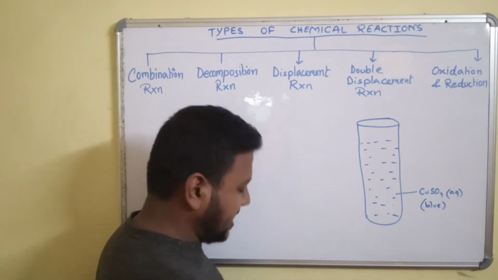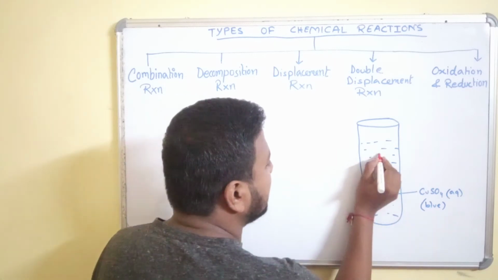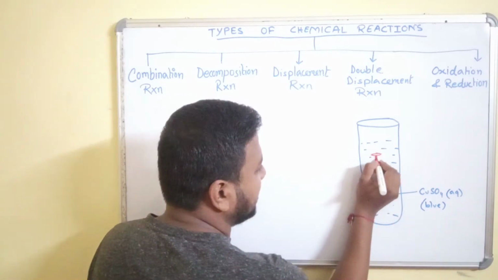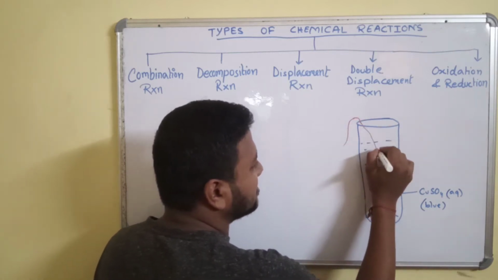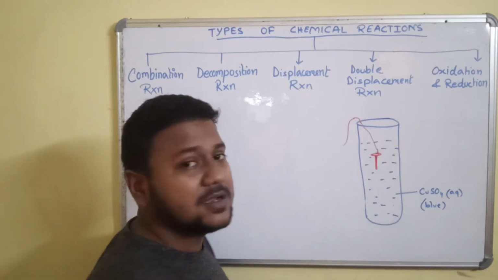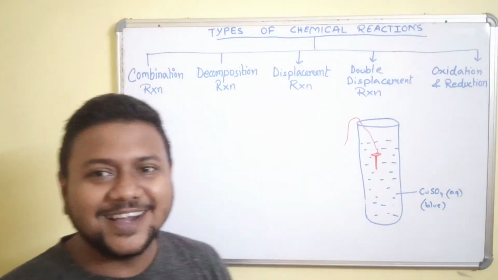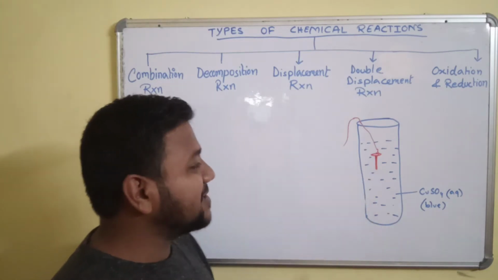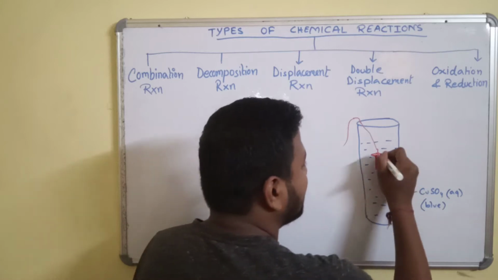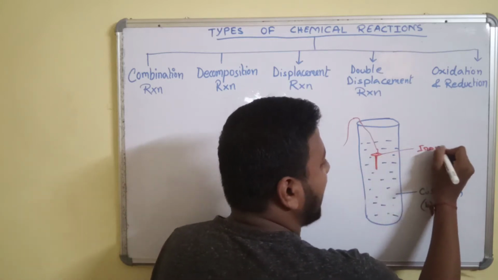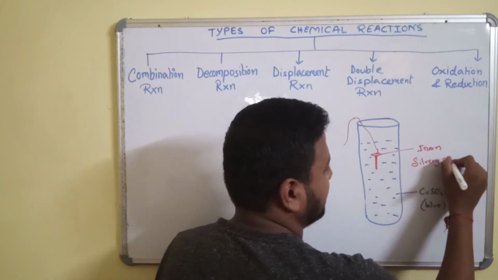Now we tie a nail with a thread and hang it within the test tube. Clear? This iron nail is silvery grey in color.